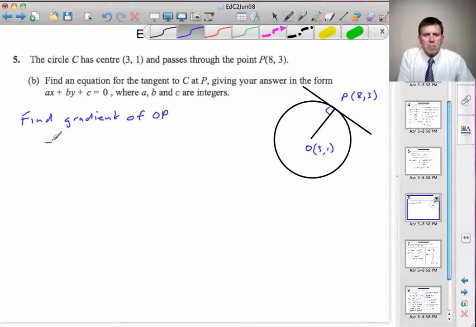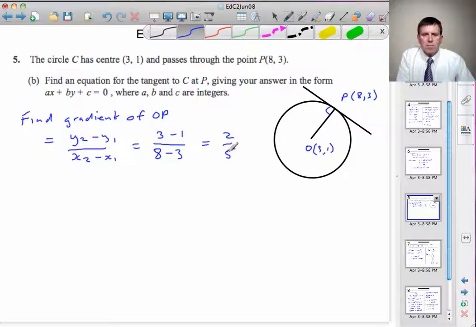And that's simply given by the difference in the y coordinates divided by the difference in the x coordinates. Let's say y2 minus y1 over x2 minus x1. So that could be 3 minus 1 divided by 8 minus 3. And that comes to 2/5.